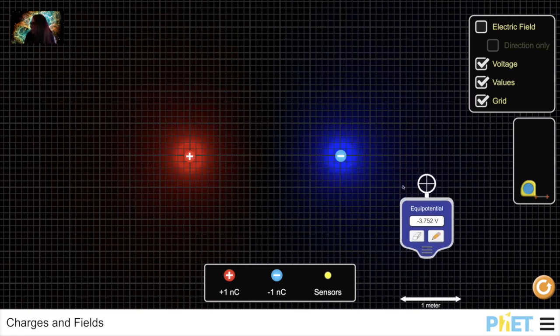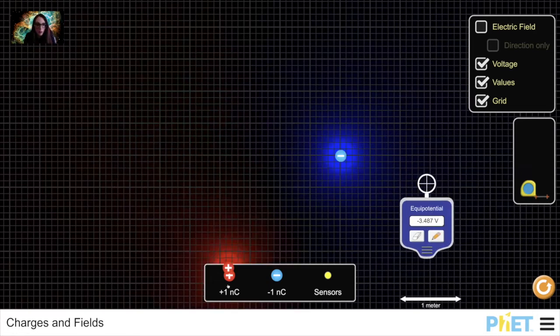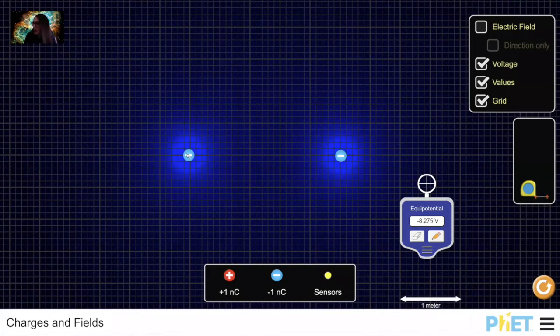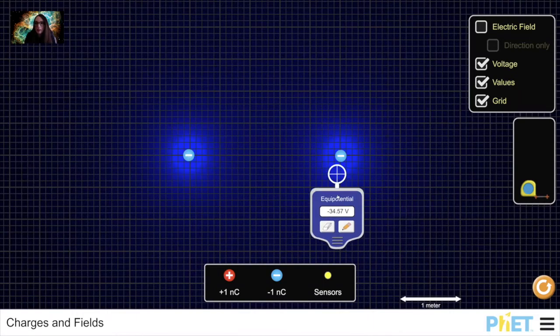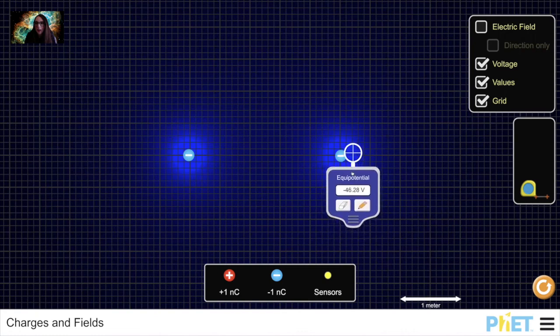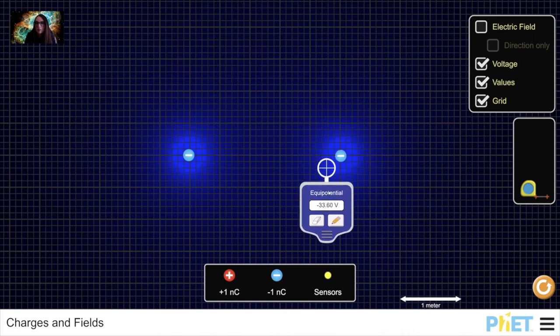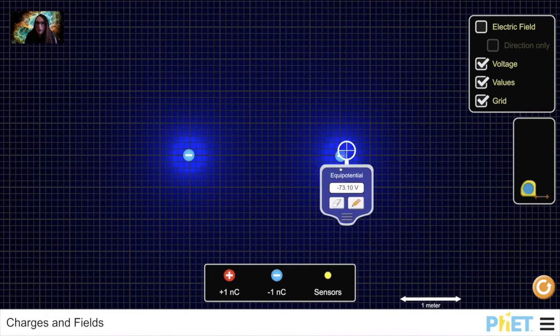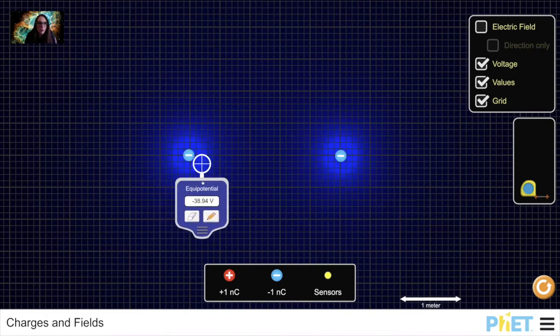Actually, it might be a little bit easier to do this with two negative charges. Let's bring in two negative charges here. With these two negative charges, we're going to see about the same value of equipotential in a concentric ring around each of these charges, very close to each of these charges.